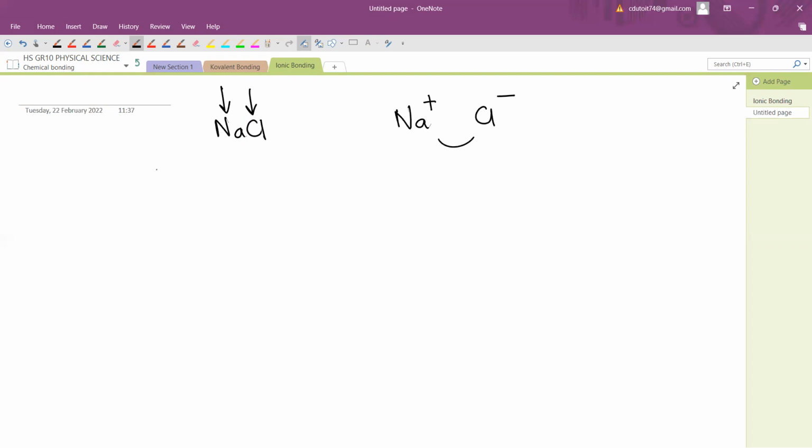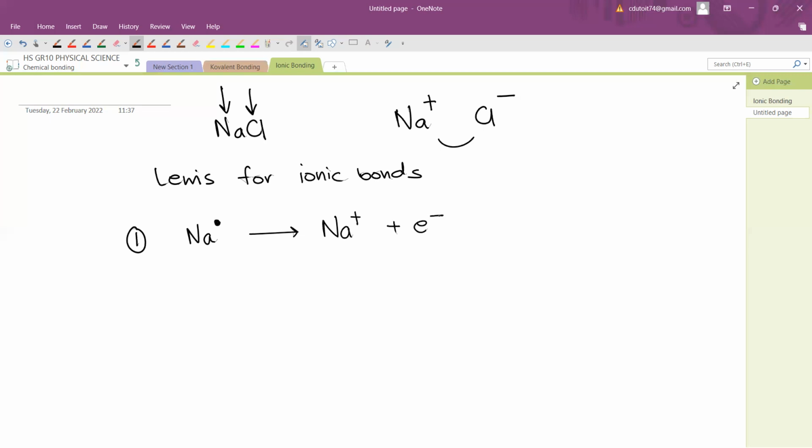But in your Lewis diagrams for ionic bonds, you need to be able to write it in 3 steps. So the first step, step 1, is when we take our metal with its single valence electron, because sodium is in group 1, so it's got 1 valence electron, and then it gives that electron away. So the sodium becomes 1+ by giving a single electron away.